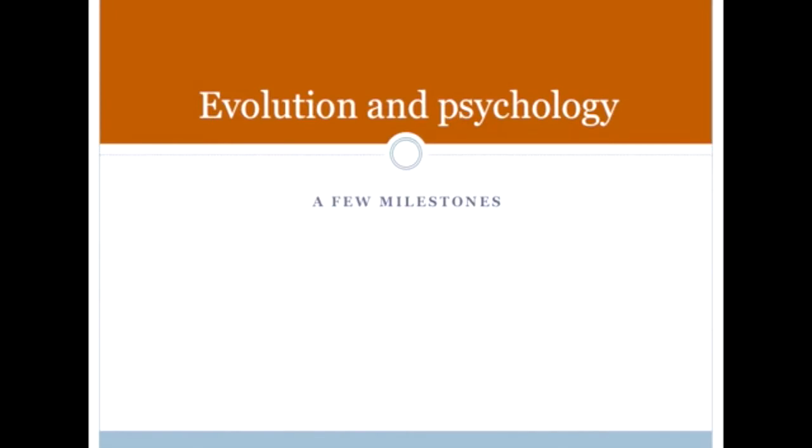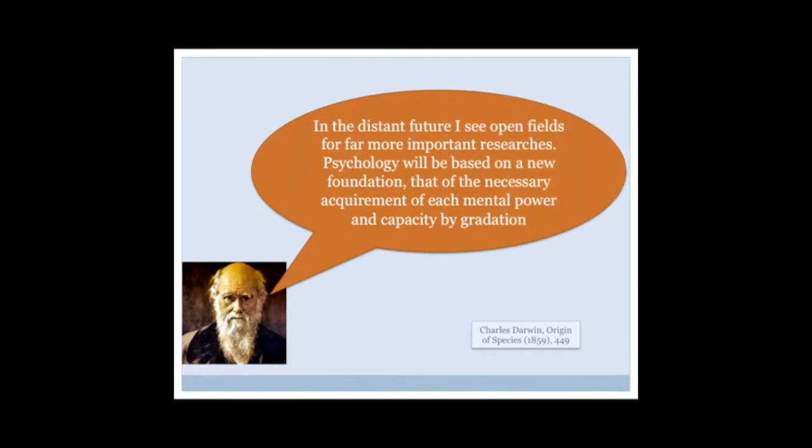Now, of course, there had always been strong links built between the evolution of culture. Darwin had done it. And we can see these psychological milestones as we look across history, as we look from Darwin onwards. We see in Origin of Species, Darwin talking about, "In the distant future, I see open fields for far more important researches.